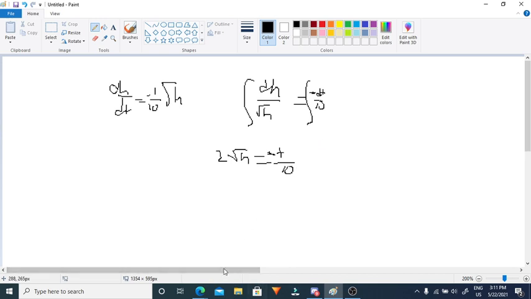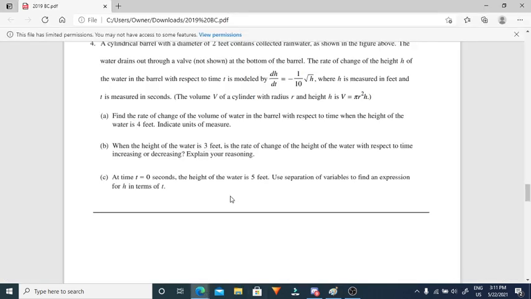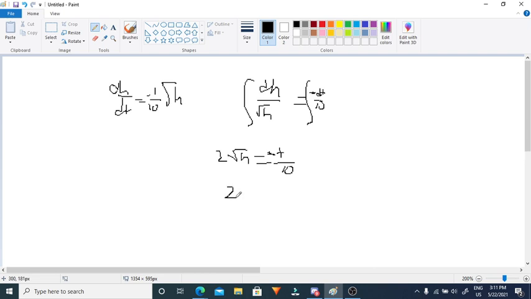And we know at h equals 5, t equals 0. Oh, I'm going to solve for h, actually, sorry.